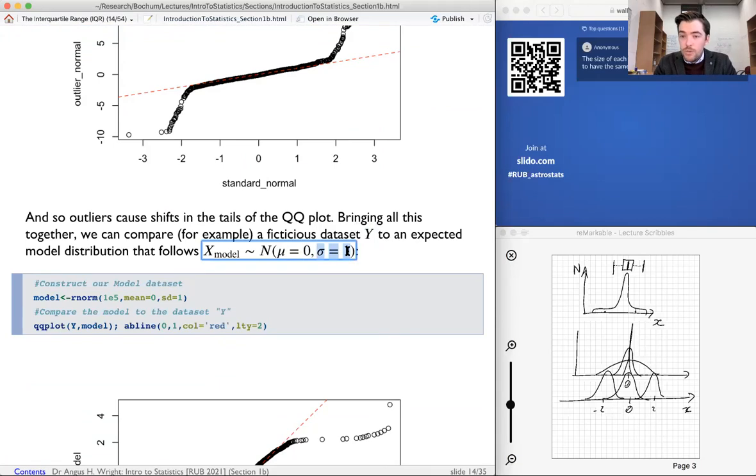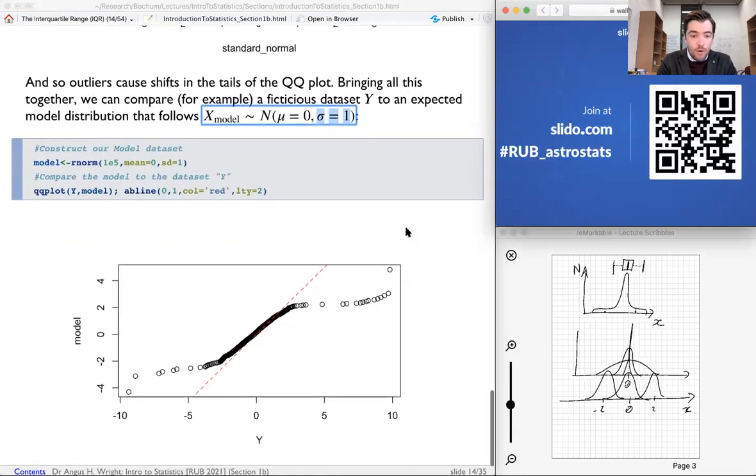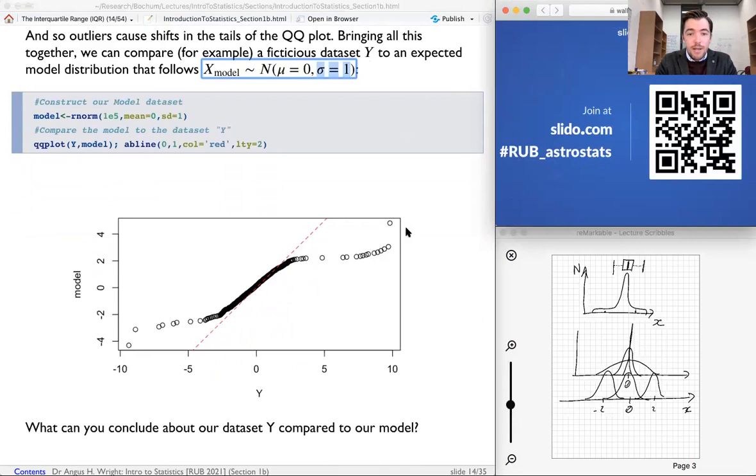So I'm going to construct a model distribution of data, which has mean 0, standard deviation 1. And then I'm going to construct the QQ plot for that model distribution of data and the true data set Y. And this is what I get. And the question then becomes, given this plot alone, what can you conclude about Y?